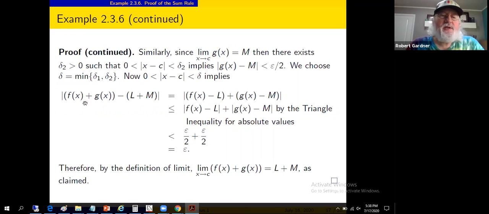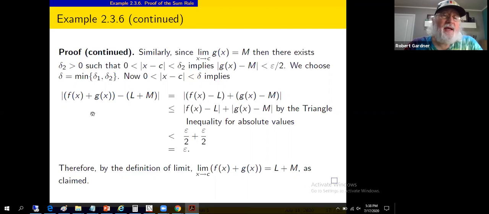Now we want to consider f of x plus g of x minus L plus m. We're trying to show this function, the sum f plus g, has this limit, L plus m. So that's the thing to consider: function minus limit value less than epsilon. It looks like it's going to work. We want to show something about f plus g.